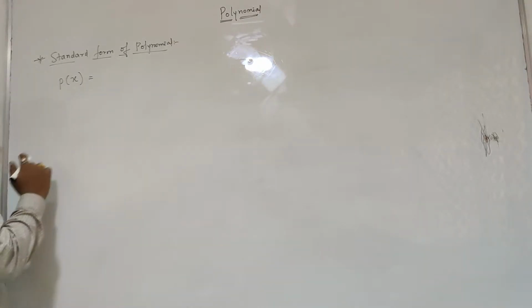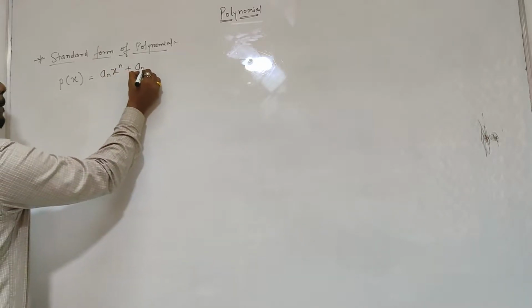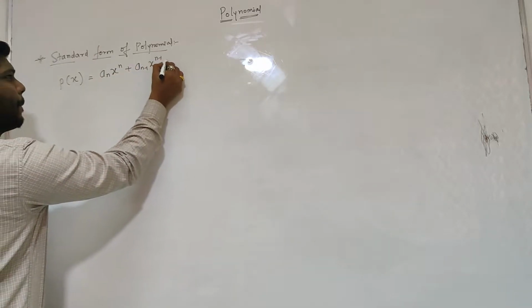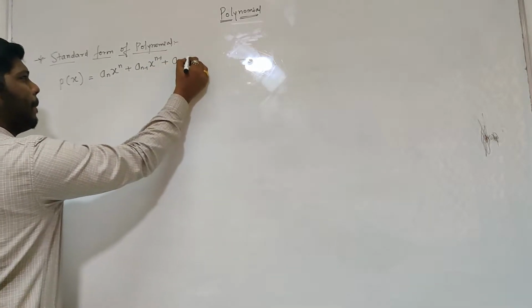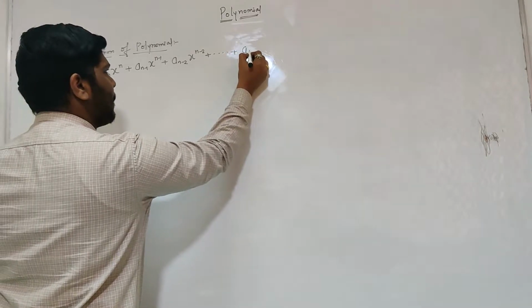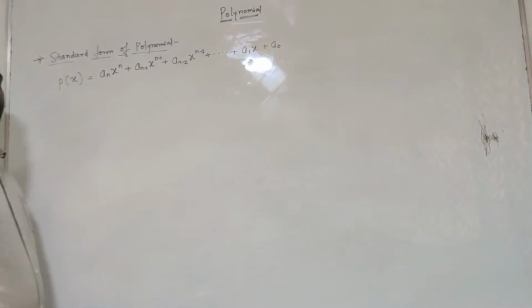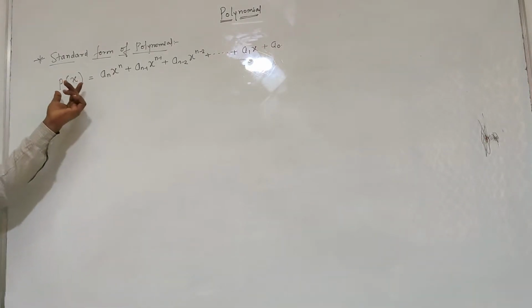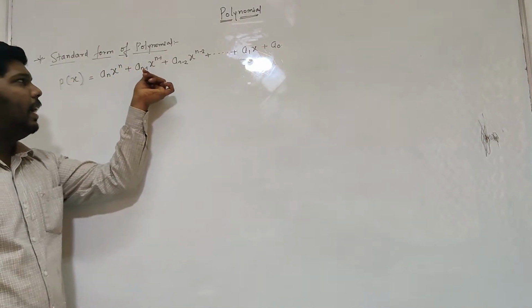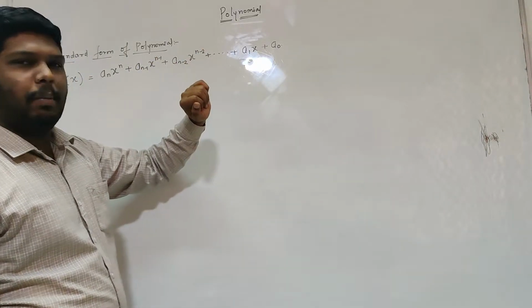Now its standard form is written as, we have written the standard form on the board, that is a_n x raised to n plus a_(n-1) x raised to n minus 1 plus a_(n-2) into x raised to n minus 2.